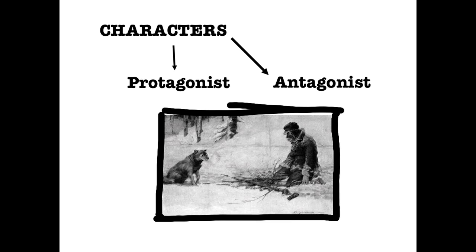In this story, the protagonist is the man, but the antagonist is not the dog nor his friends. The antagonist here, the force that works against the man, is the cold. The cold that makes it so difficult for the man to reach the camp. So you see, antagonists can be human or non-human.